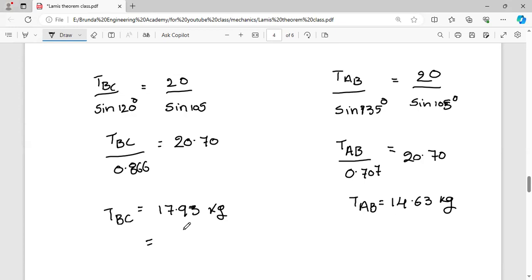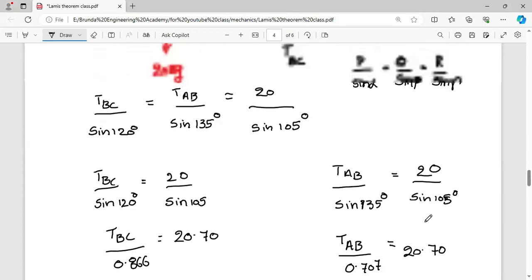Okay. That is 17.93 into 9.81, you get 175.89 newtons, whereas here 14.63 into 9.81, that is 143.52 newtons.